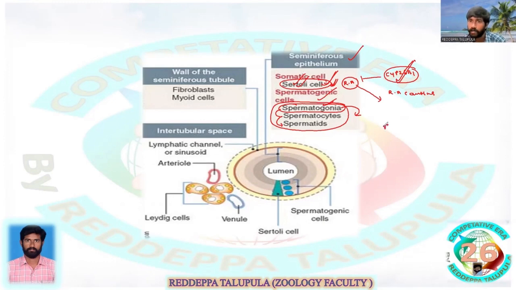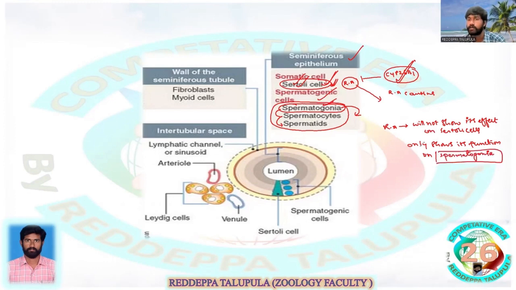That means retinoic acid will not show its effect on Sertoli cells. It only shows its function on spermatogonia. Why? Because BMP9 receptors are developed only on spermatogonia. These are the reasons why there is no meiosis occurrence in the Sertoli cells.